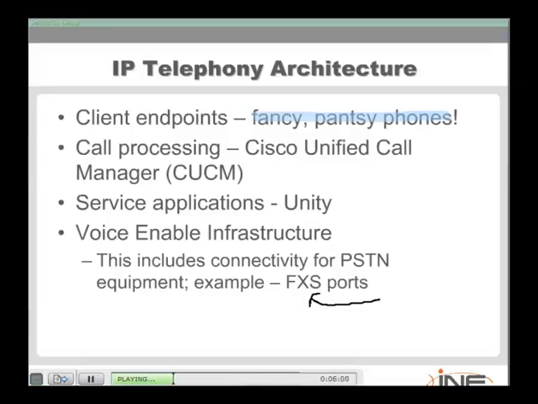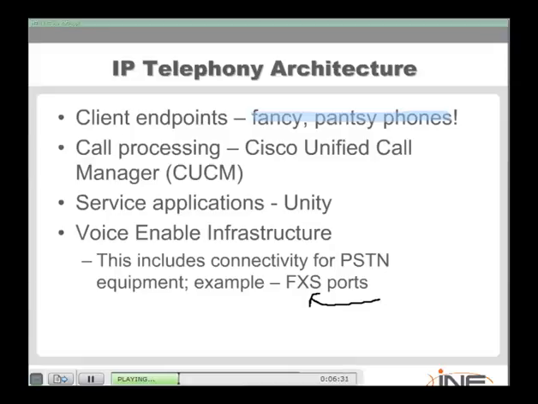They can't just develop an infrastructure that is new technology only. They've got to develop the new technology, but make it backwards compatible with the existing technology. So all this fancy voice over IP stuff needs to be able to coexist with the plain old telephone system stuff.